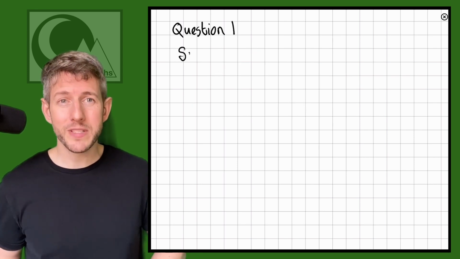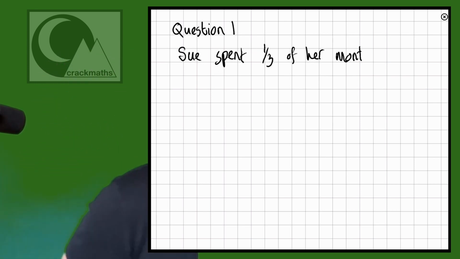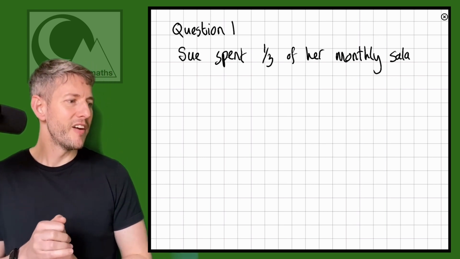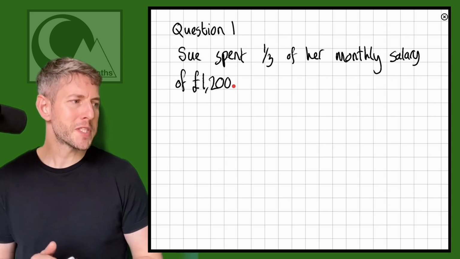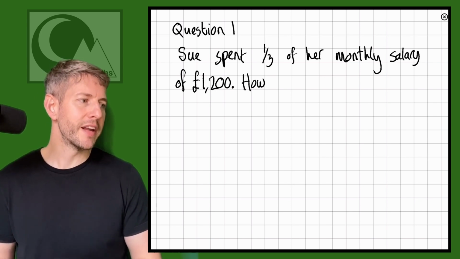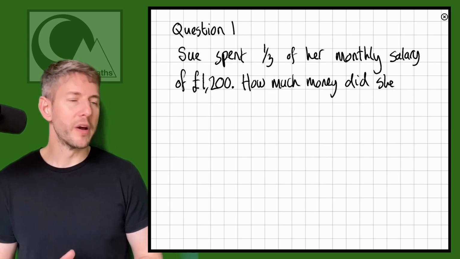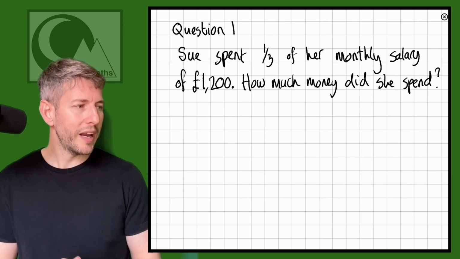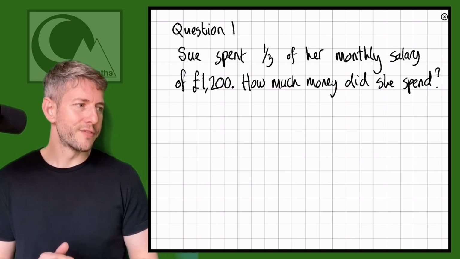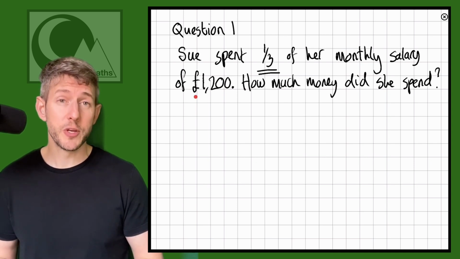Before we go, I want to have a go at a couple of scenario questions. Here we go, a nice scenario question to start off with: Sue spent 1/3 of her monthly salary, which is £1,200. How much money did she spend? If we boil it down, it's asking us for 1/3 of 1,200.